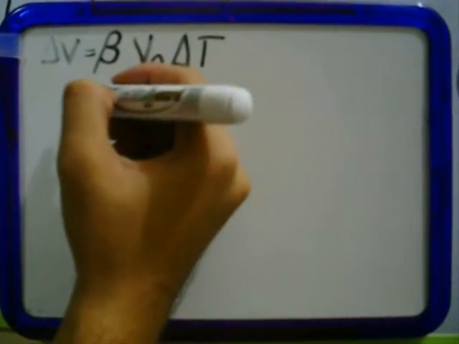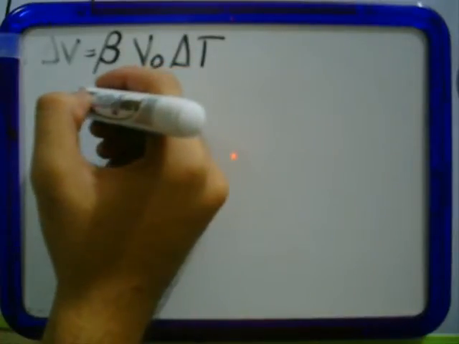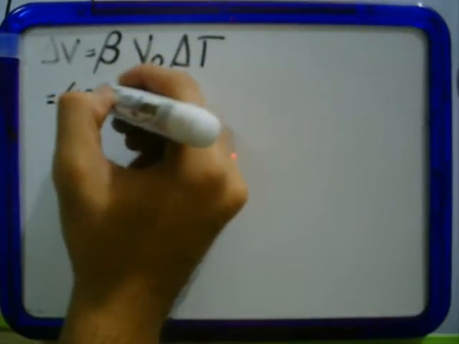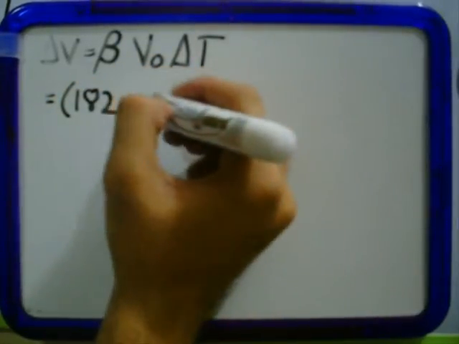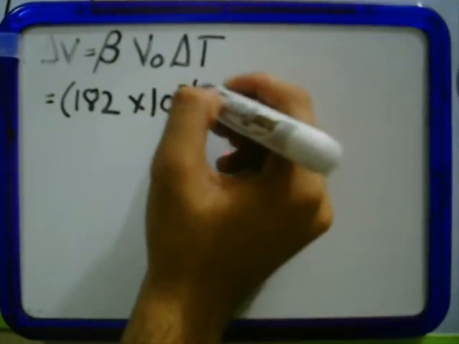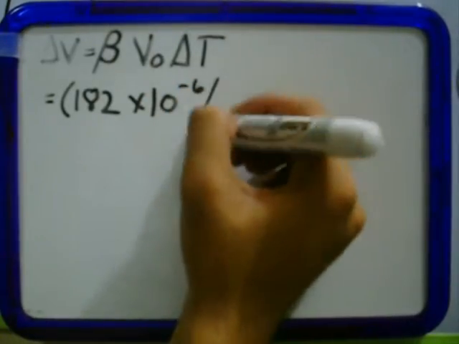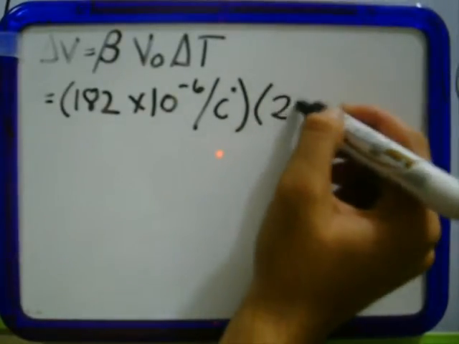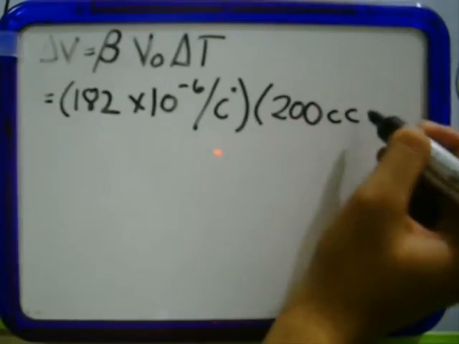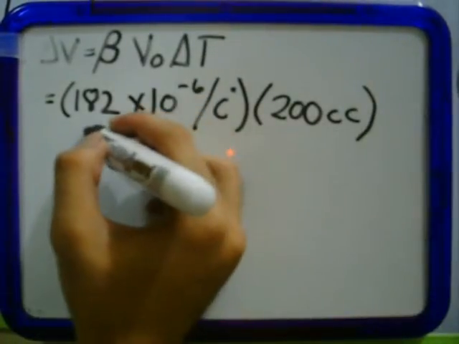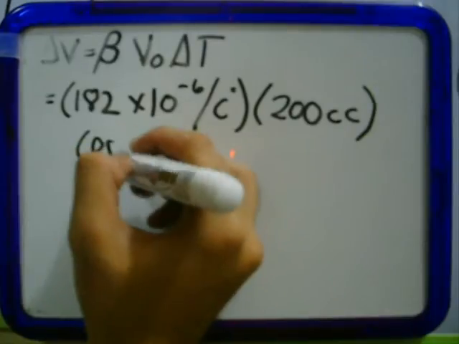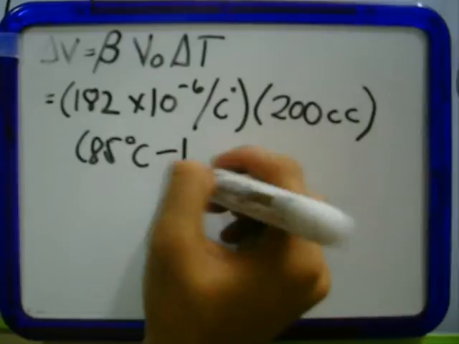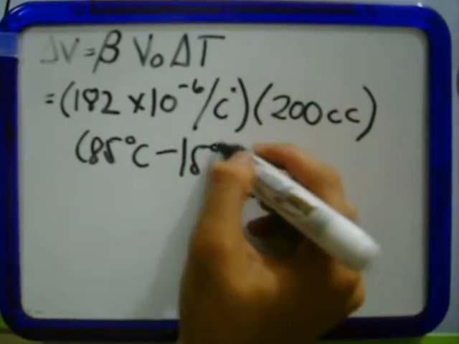Substituting the given will be 182 times 10 to negative 6 per Celsius degree times 200 cubic centimeters times 85 degrees Celsius minus 15 degrees Celsius.